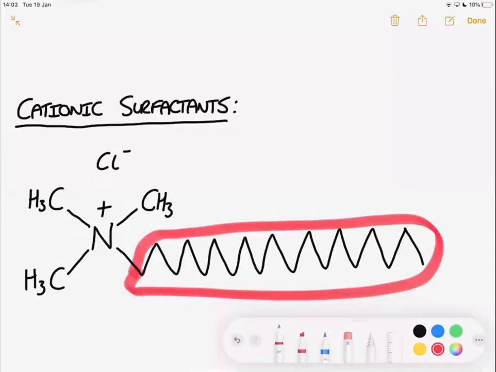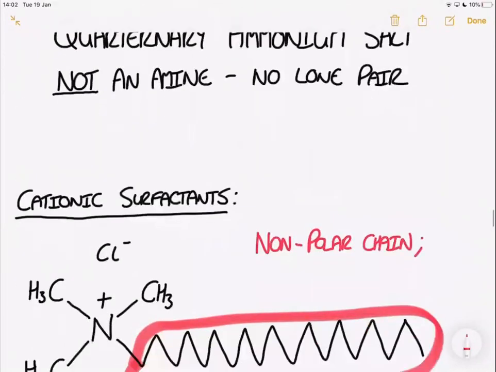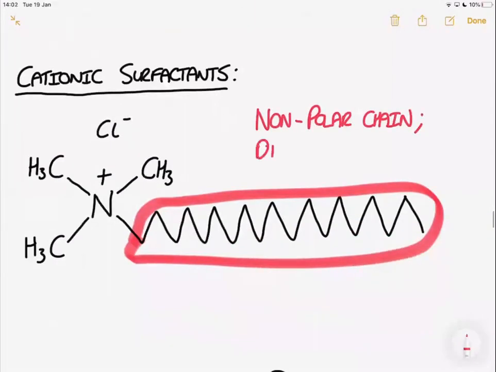This section, the big non-polar section, is a large hydrocarbon, and that's going to be very soluble in non-polar hydrocarbons that you find in oils and grease.